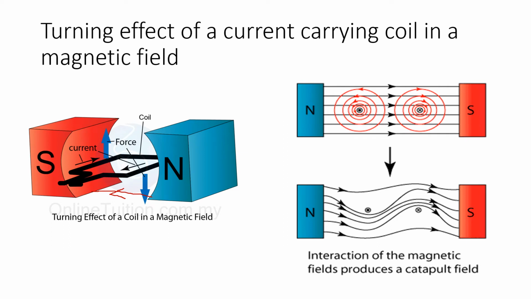Let's determine it for the right hand side here. Our second finger should point toward us, our first finger should point to the left, and our thumb will be pointing downward. The same applies for the left hand side. So this is the result.